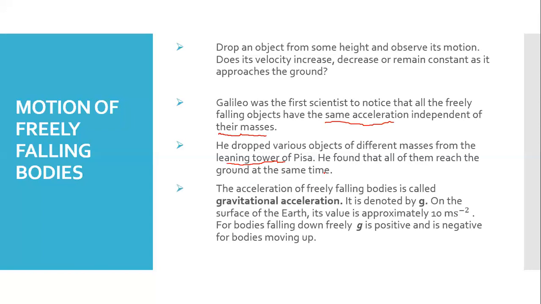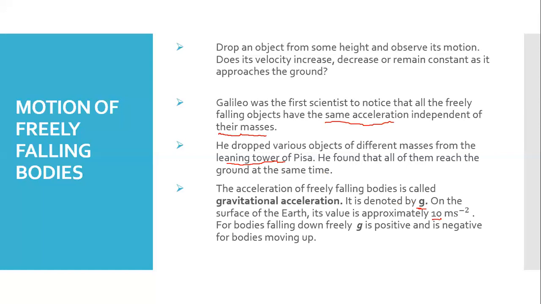The acceleration of freely falling bodies is called gravitational acceleration. It is denoted or represented by g. On the surface of the earth, its value is approximately 10 m/s². So the value of acceleration due to gravity is 10 m/s².